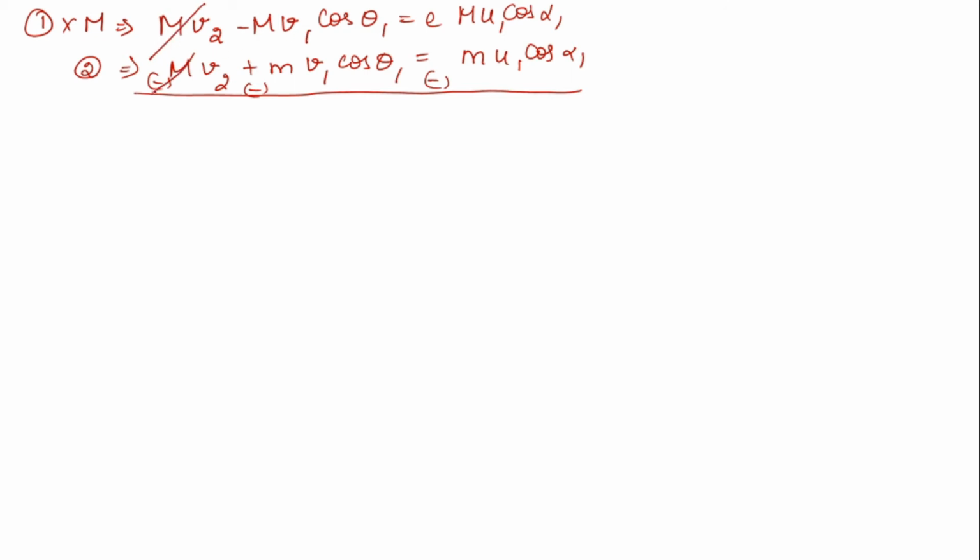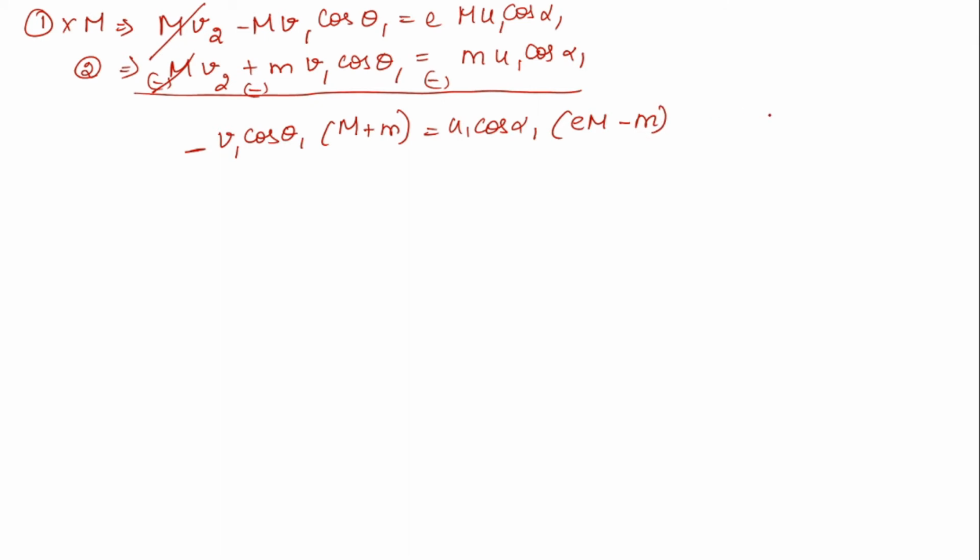So these two terms will cancel, and totally there is a negative sign. And V1 cos theta 1 is common, so I am taking V1 cos theta 1 outside, and when I take the negative sign outside, these terms will be positive, so capital M plus small m, which is equal to, and U1 cos alpha 1 is common, and remaining you have E into capital M minus small m.